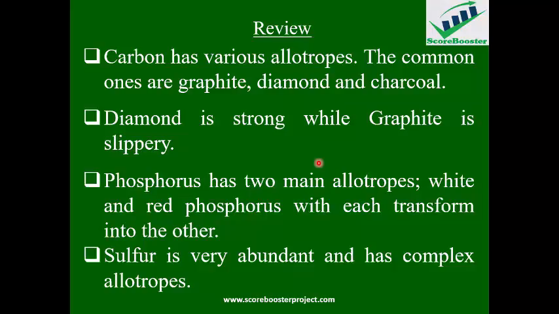In carbon, you are going to see how it is difficult to transform from one form to another. But each of these allotropes has a very good application to which it can be subjected. That is why it is worthwhile to give it a thorough study, and hence we are doing that now.